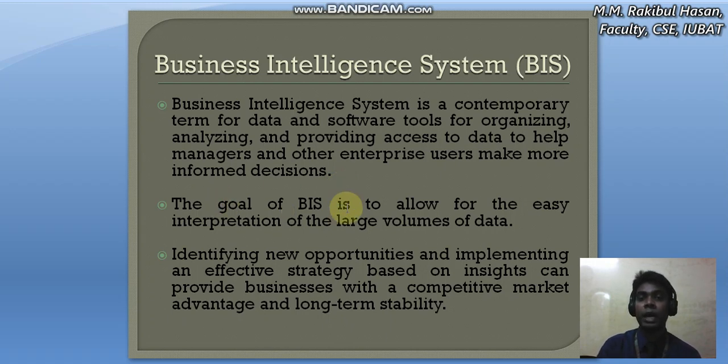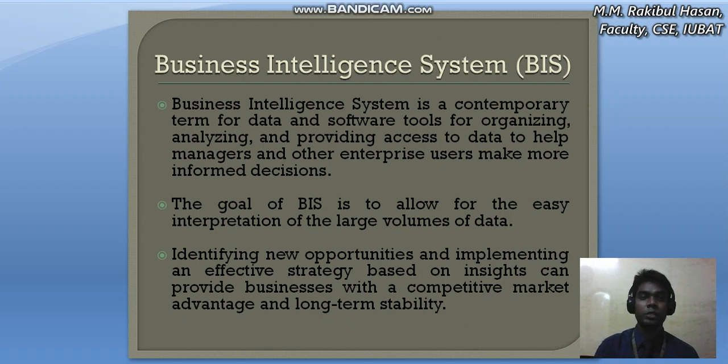The goal of BIS is to allow for the easy interpretation of large volumes of data, identifying new opportunities and implementing an effective strategy based on insight, which can provide the business with a competitive market advantage and long-term stability. So that means if you have BI, it will help you to analyze a huge amount of data and find information. On the basis of that information you will be able to make the right or proper decision.